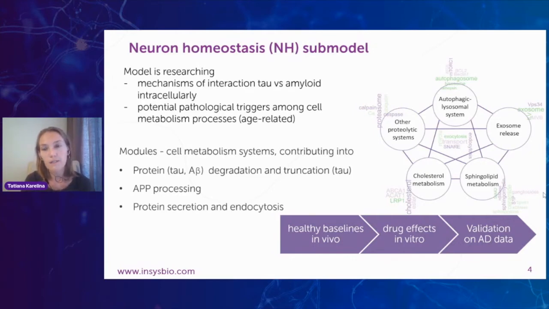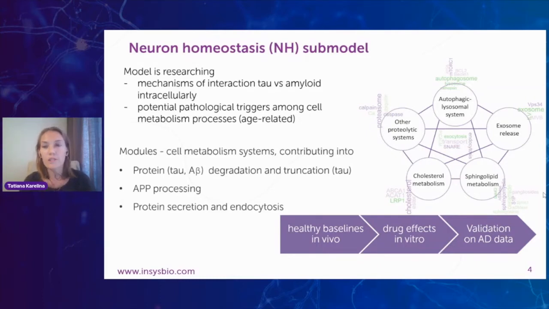We considered a simplified description of different modules of cell metabolic systems, which can potentially contribute to protein degradation, as well as degradation of toxic species, to APP, amyloid precursor protein processing, and to protein secretion or endocytosis.